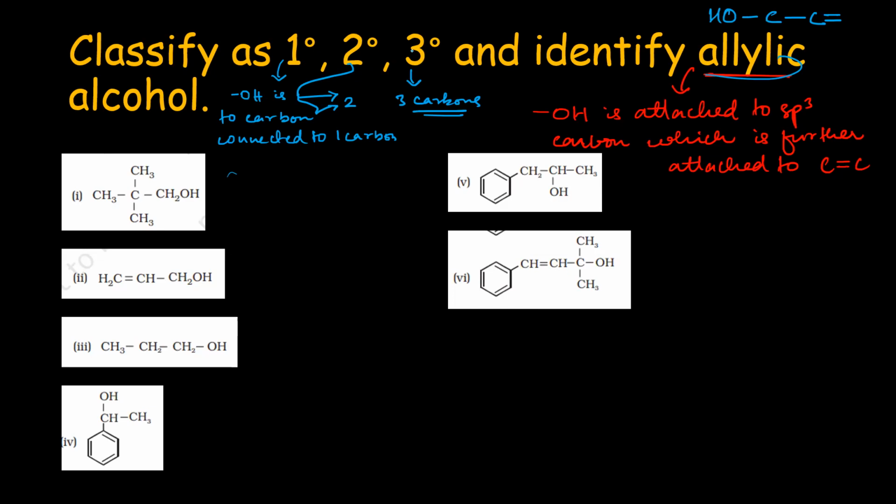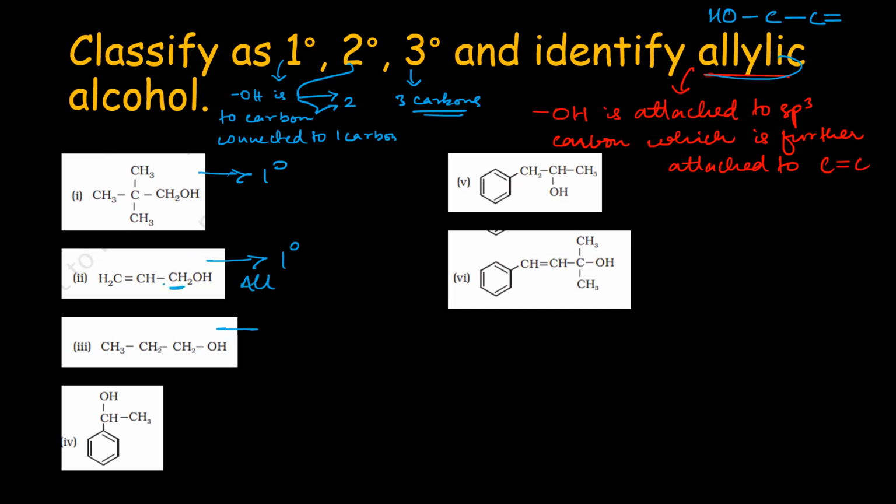Okay, fine. So tell me first of all, did you do this first one, Hania? Yes, sir. What will be the degree? 1 degree. Very good. Somebody else tell me. Khalid, tell me the second one. Sir, 1 degree. 1 degree. Okay. And this is also allylic, right?